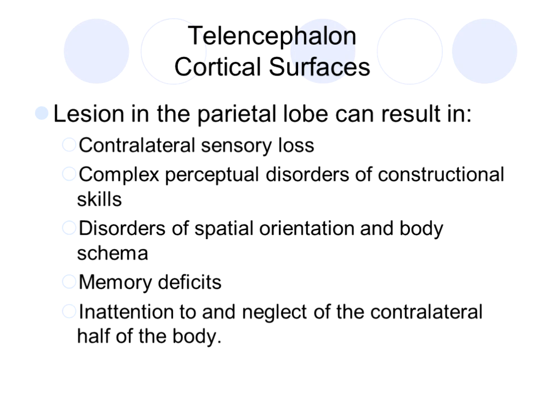Lesions in the parietal lobe can result in contralateral sensory loss and perceptual disorders of construction, so it would be hard for you to build, to draw, or to put things together. Disorders of spatial orientation and body schema: I might not know where I am in terms of space, and if it's a right hemisphere parietal lobe problem, I might not even recognize that my body part belongs to me.